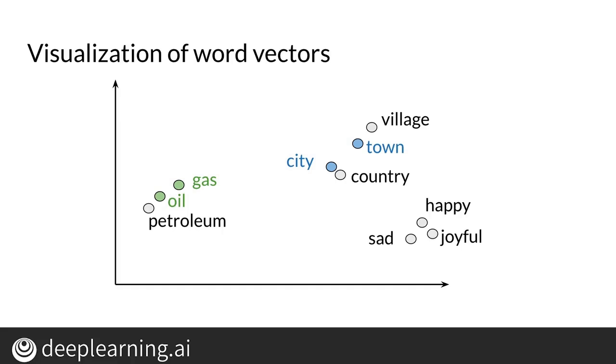In this case, you might find that your initial representation captured the relationship between the words oil and gas, and city and town, because in your 2-dimensional space they appear to be clustered with related words. You can even find other relationships among your words that you didn't expect, which is a fun and useful possibility.